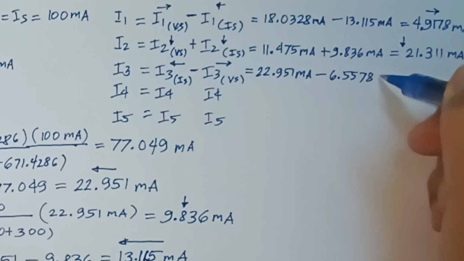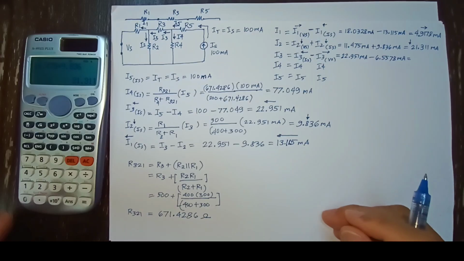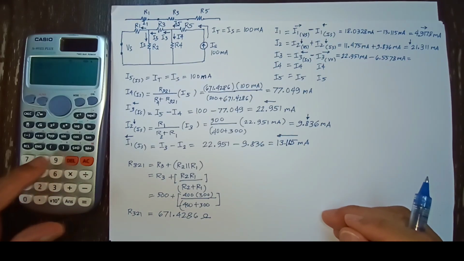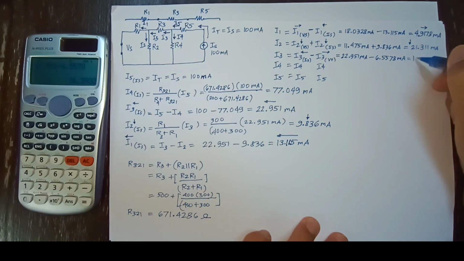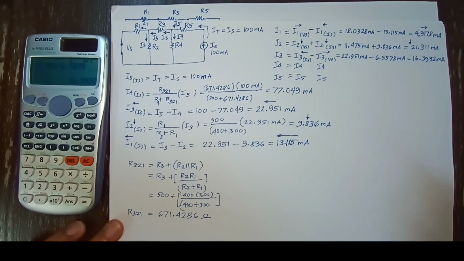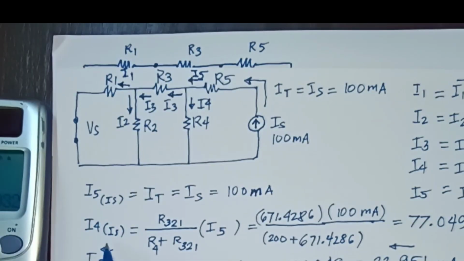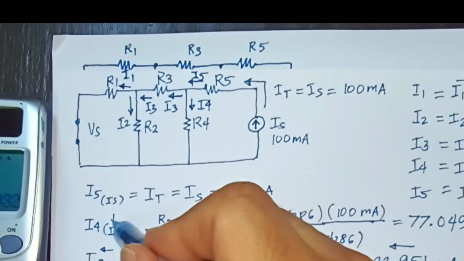Therefore, 22 minus 6 over here will be equal to, let's see the answer now. I'm subtracting the 6 from the 22, and we got 16.3932 milliamperes. And there you go for I3.